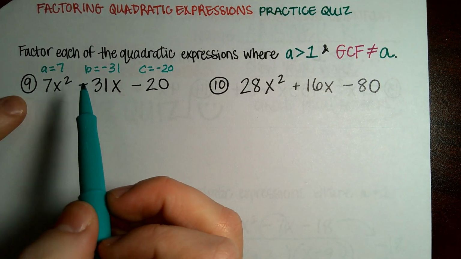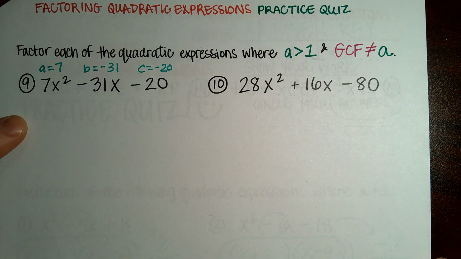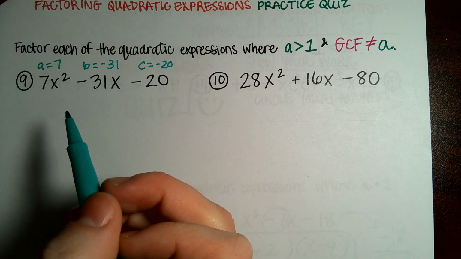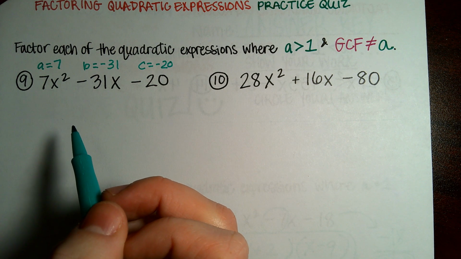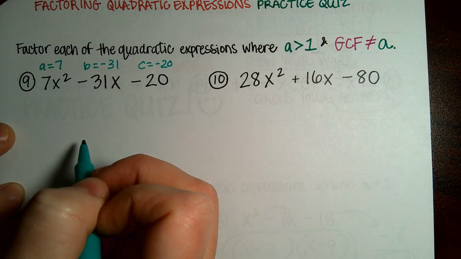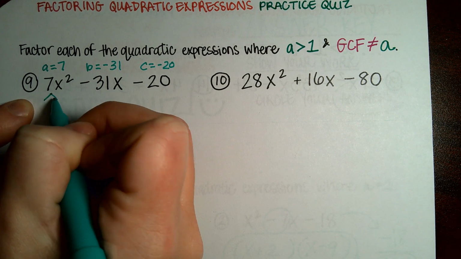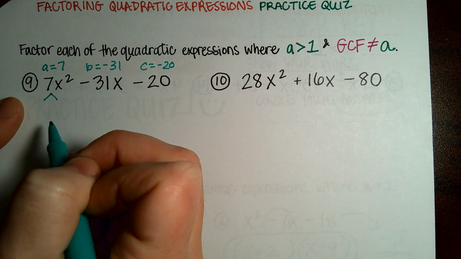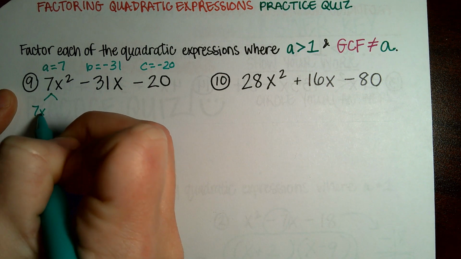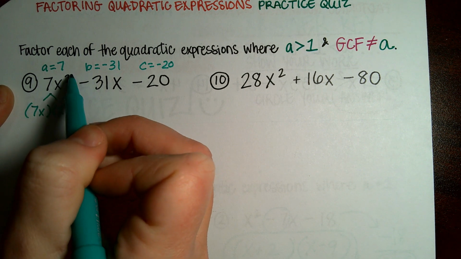Okay. So for number 9, can we divide these by anything? No, we cannot. So what happens to our answer if I cannot get my a to 1? Yes, that 7 needs to be part of my answer. The reason is, and this part you don't need to show, 7x times x is going to give me 7x squared.